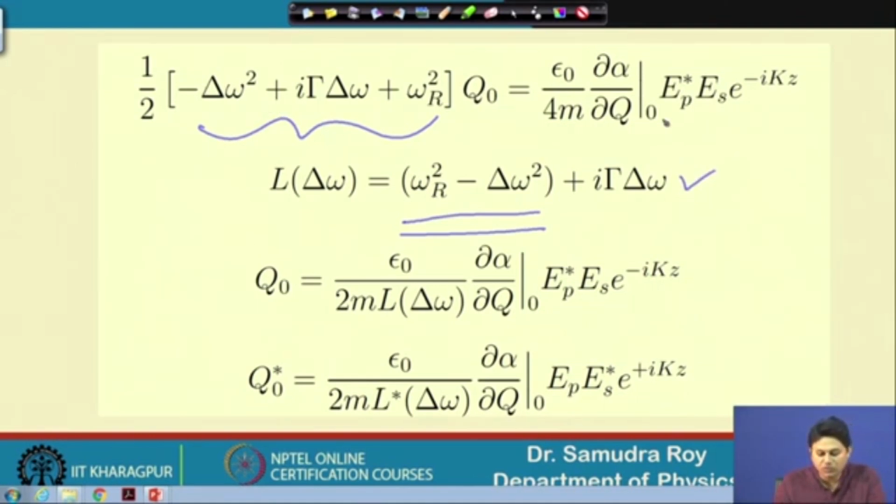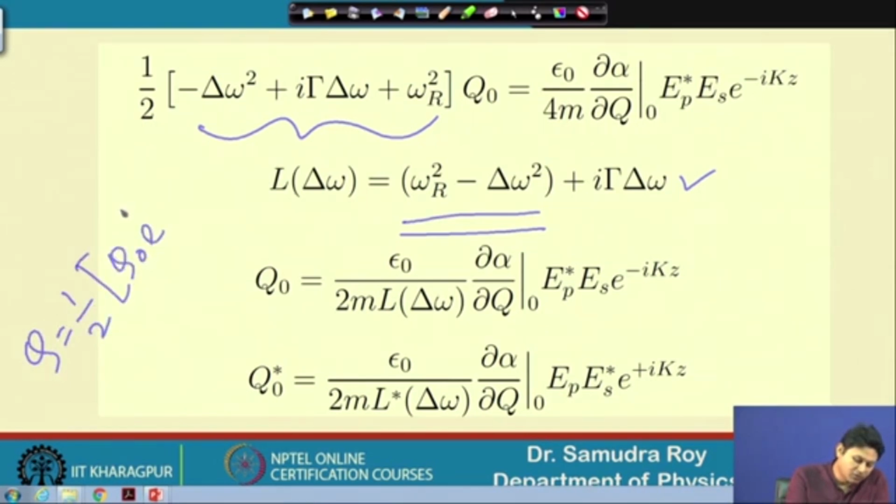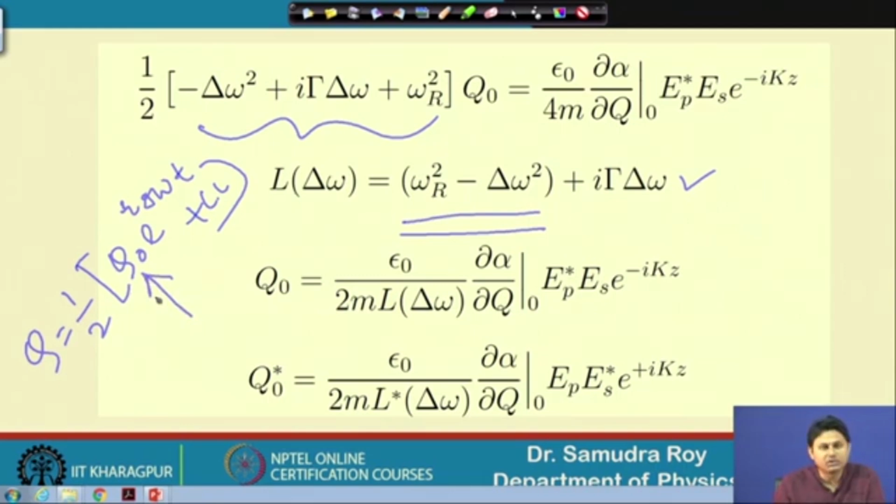Then q0 is a solution of this equation, because we already have a form of solution, which is q0 e to the power of i delta omega t plus complex conjugate. In order to have an explicit form of the solution, we need to find out what my q0 is, and exactly this is the thing we are doing right now.